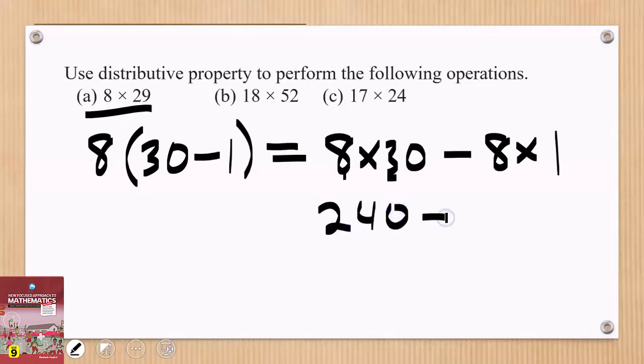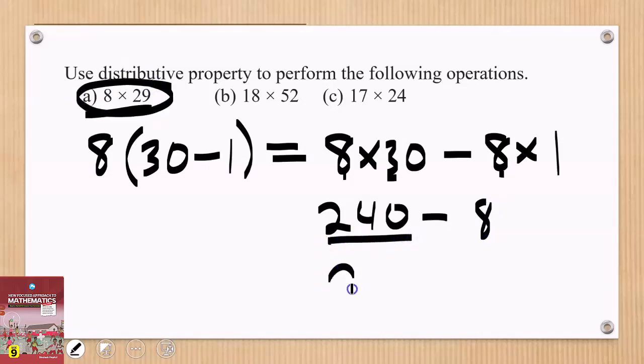Then minus 8 times 1 is 8. So instead of doing this complex multiplication, now the work becomes 240 minus 8, which will give us 232. And so 8 times 29 is the same as 232.